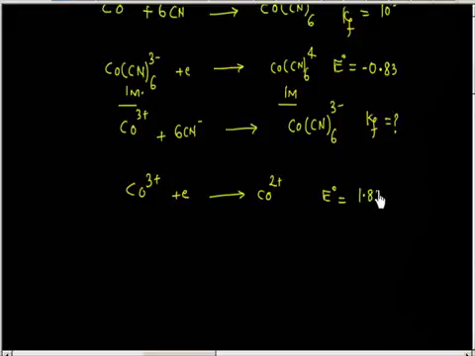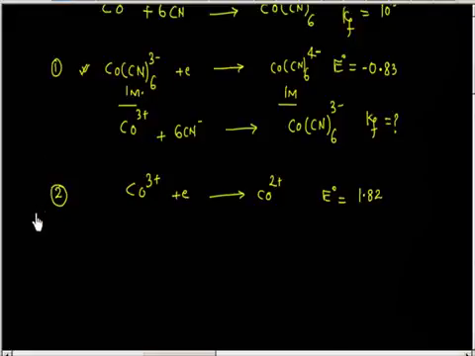Now you see this cell can be thought of as a non-standard condition of this cell. This side I will have Co2 plus, and this side I will have Co3 plus. So cell number 1 and let us call this cell number 2.